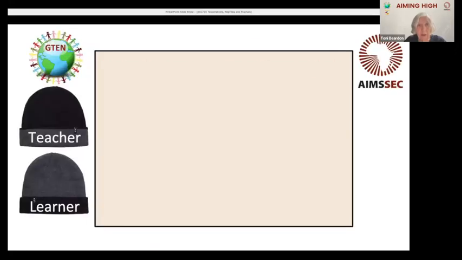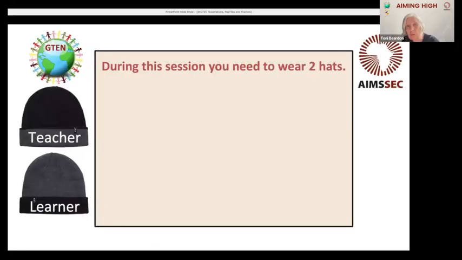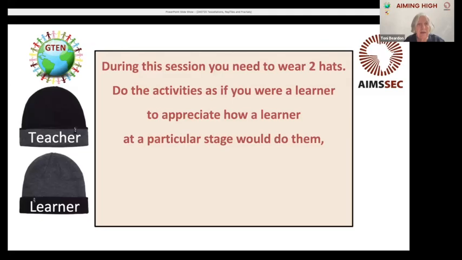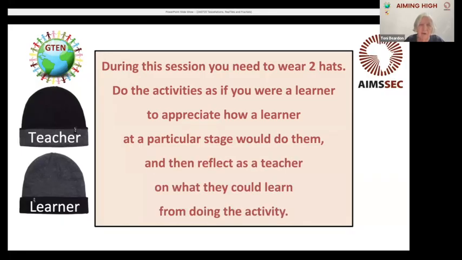And finally the school leaving year. So what I want to say to you is that during this session, you need to wear 2 hats, the teacher's hat and the learner's hat. So just relax into the idea now that you're going to be a learner when you're doing the activities, and that'll help you as a teacher.